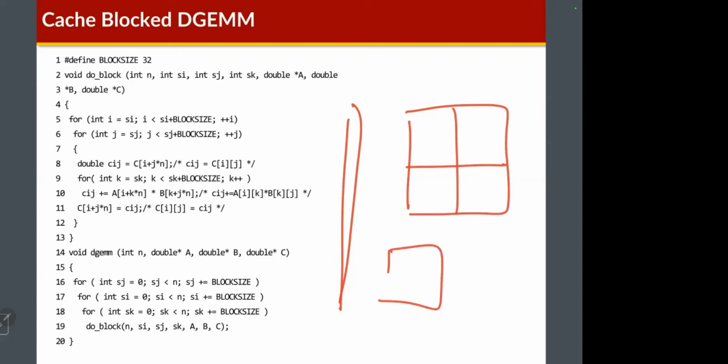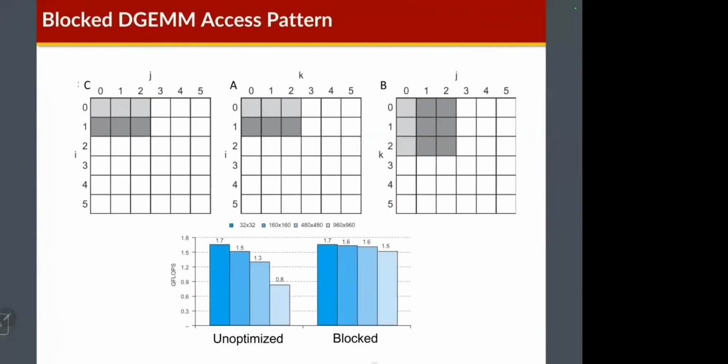So what's the benefit? This C is split into smaller sub-matrices, and in order to calculate this one, we can use this one and this one. These small sub-matrices of matrix B can be entirely stored in the cache.